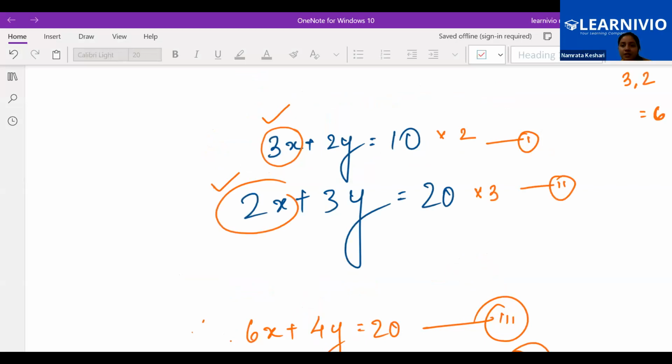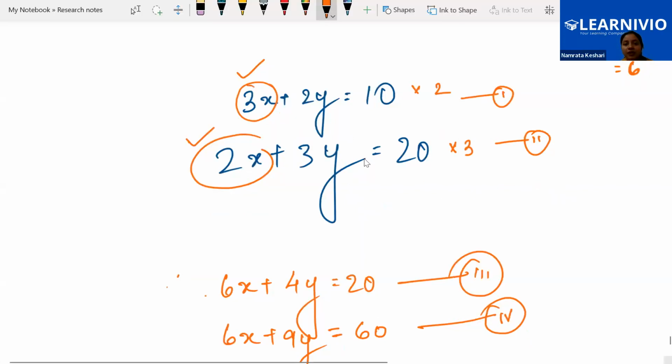I am saying that here we want to make 3 a 2. Not possible. The table of 3 doesn't contain 2. So whatever we multiply with 3, getting 2 is not possible. In the next one, we want to make this 2 a 3. Whatever we multiply with this 2, making it 3 is not possible. So we came to one conclusion.